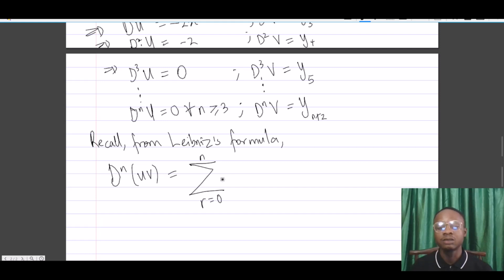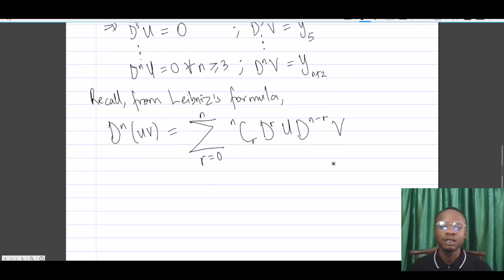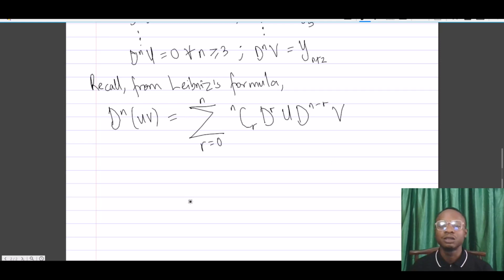I'm trying to remember it. So this is n combination r, the rth derivative of u, then the n minus rth derivative of v. All right, so that was the formula we obtained earlier, which is the Leibniz's formula.